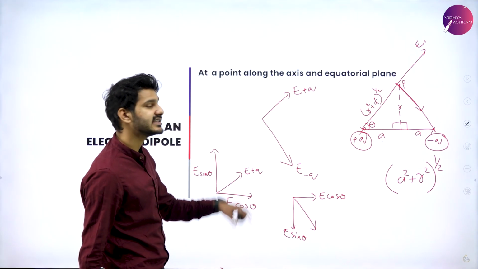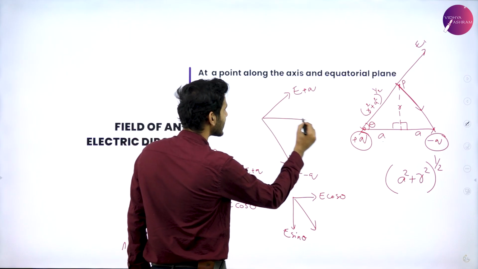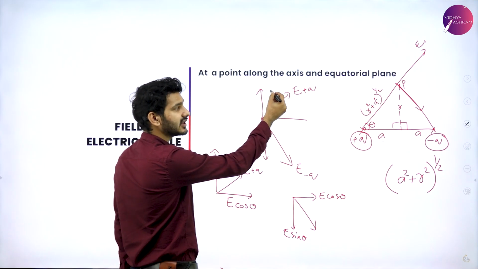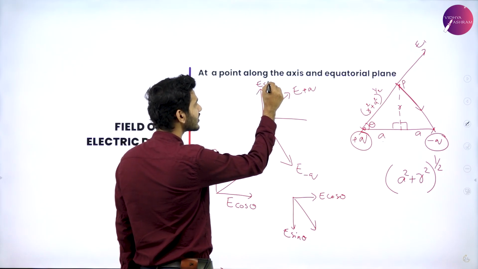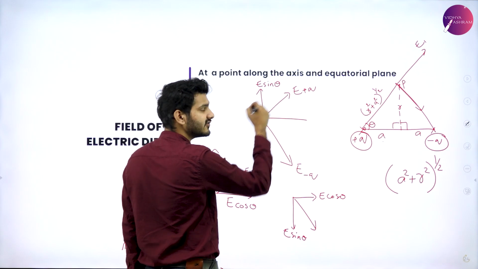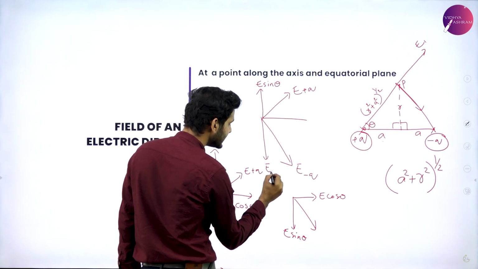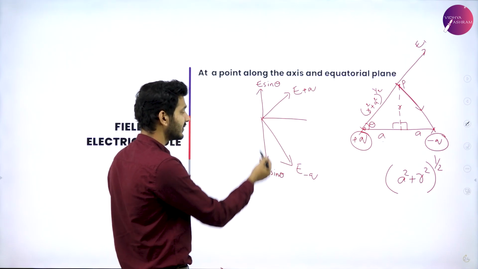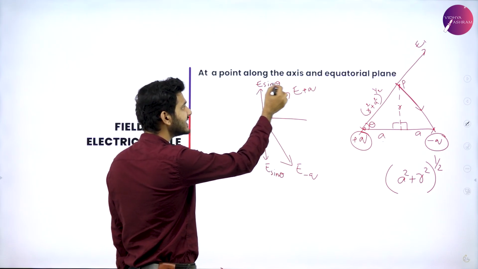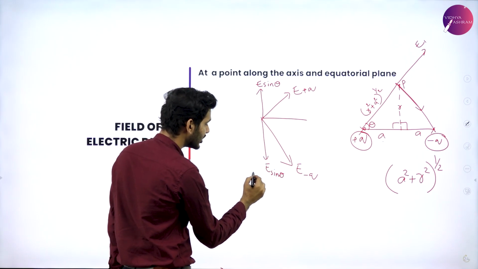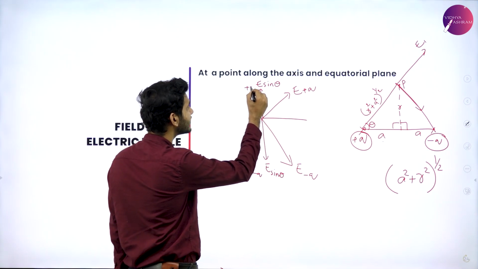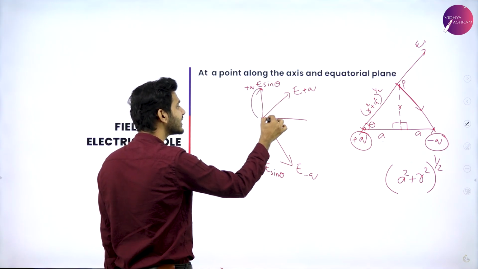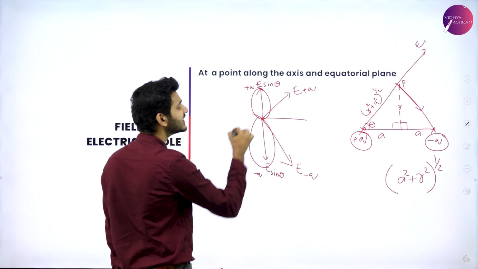So as you can clearly see here, this will be E sin theta due to positive Q, and this will be E sin theta due to negative Q. So these will be the vertical components, and E sin theta due to negative Q and positive Q are vertically in opposite directions, so these components actually cancel each other out.